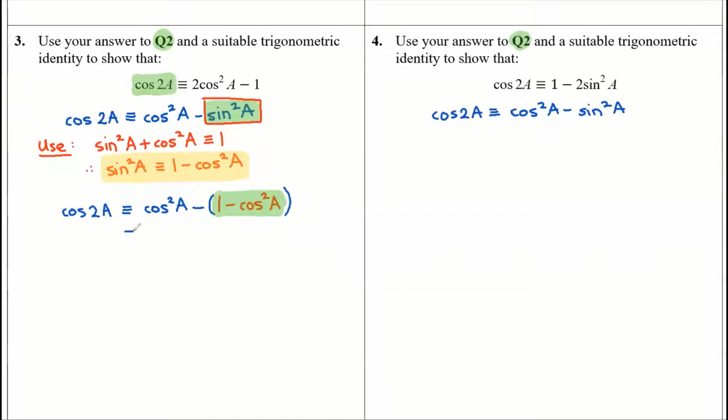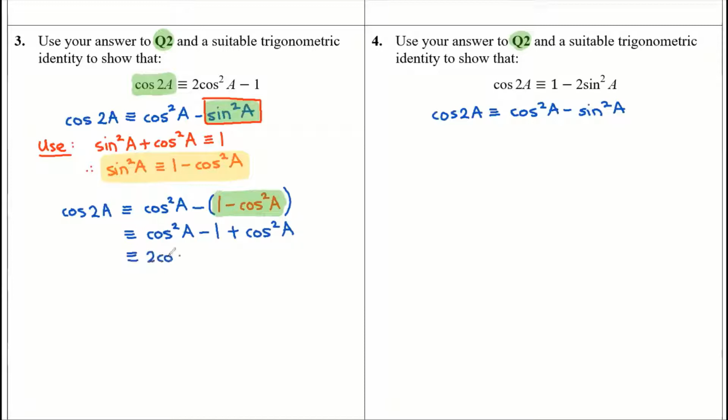Right, let's see what happens. So if we essentially multiply that bracket by -1, we're going to get cos squared a, subtract 1, and then the double negative is going to give us a positive, which is plus cos squared a. And we can now collect the cos squareds together.